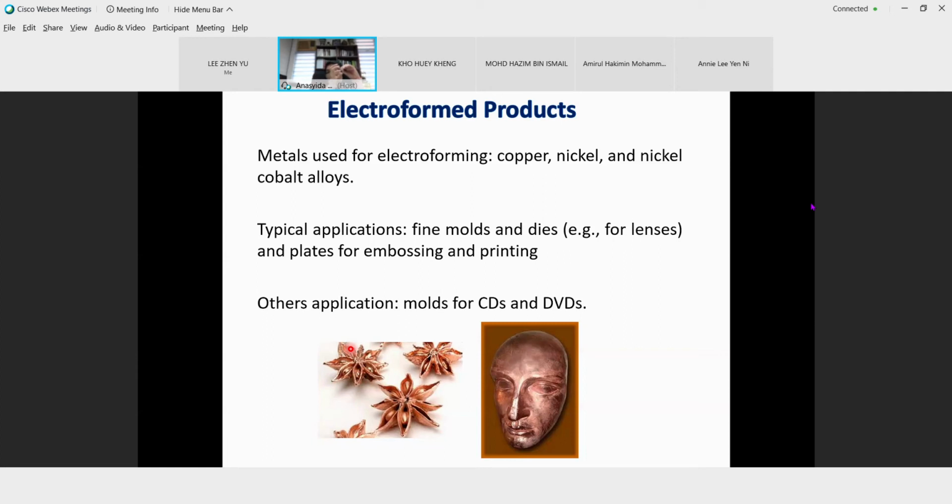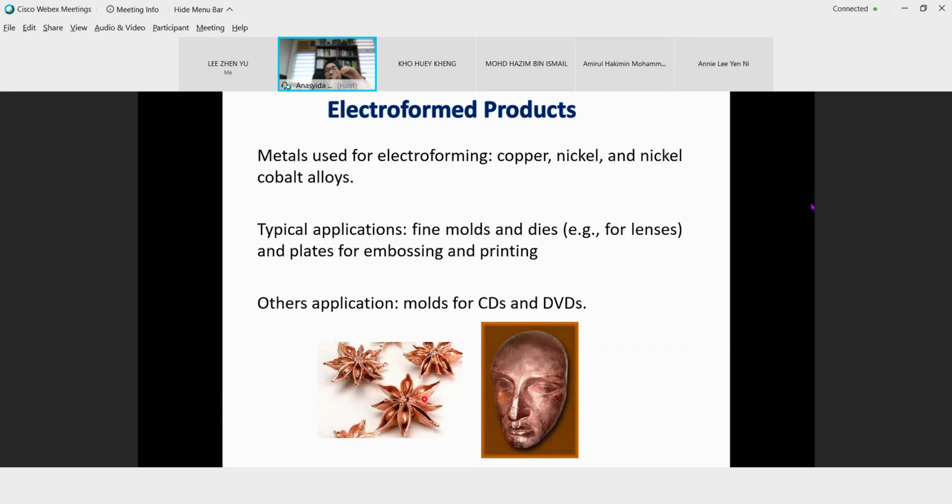So the part will follow the mandrel's shape. That's why you need a certain thickness. If it's very thin, when you remove it, it will not form the structure that you want. It's very difficult to remove. So that's why you have to have a certain thickness, then you can only remove it from the mandrel.